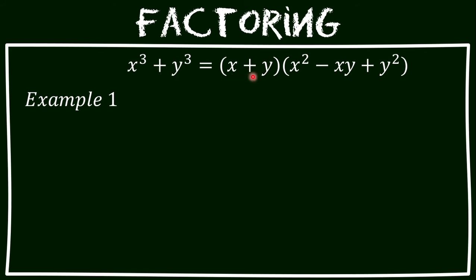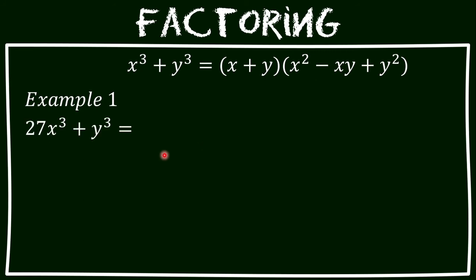Positive sign, and then the squared form of the first term, and then the squared form of the second term, and then xy, or the cube root forms of both of them being multiplied. And instead of a positive sign, we have a negative sign.